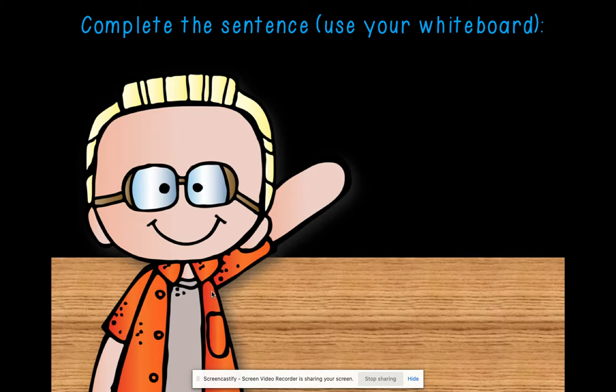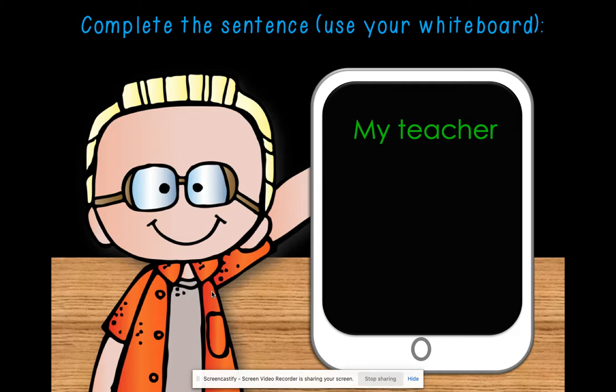Let's do another one. Complete the sentence. My teacher. My teacher does what? Can you complete the sentence? It's missing a predicate. What does the teacher do? It has the subject. The subject is the teacher. Now make it complete.